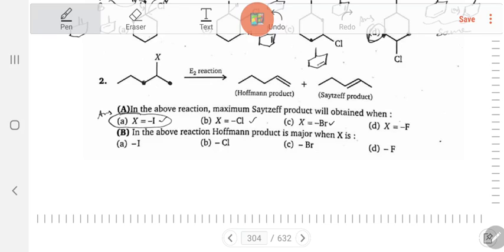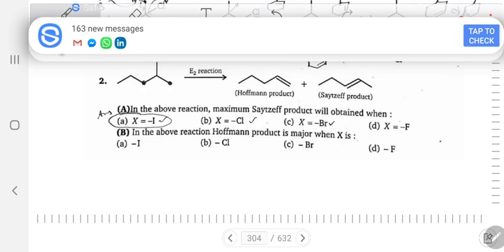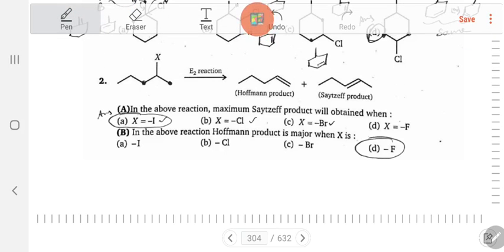Condition 4, bulky base. Because of these 4 conditions, you will get the Hofmann product. Here, if the leaving group is fluorine, then you will get the Hofmann product as major. So the correct answers are option A and option D.